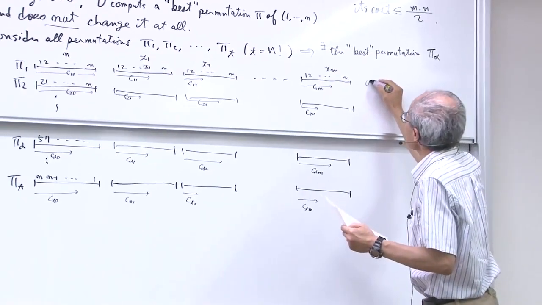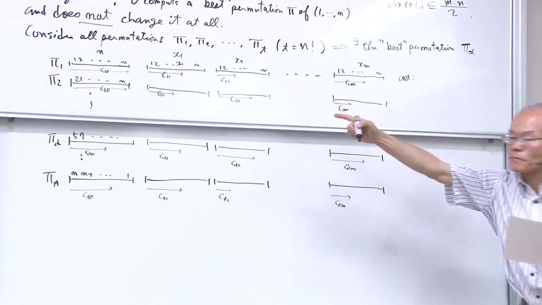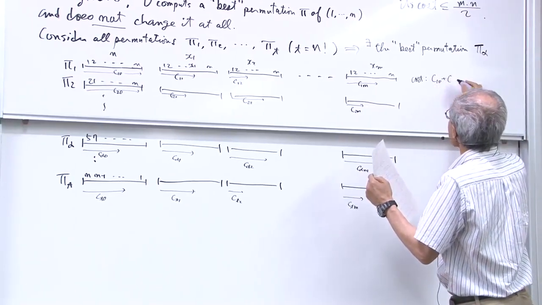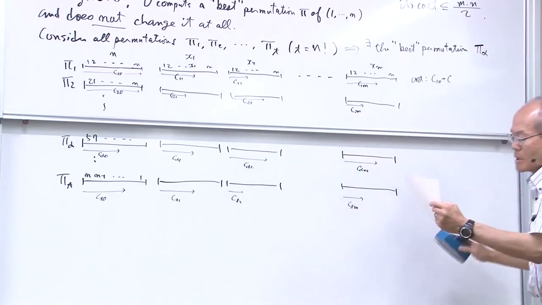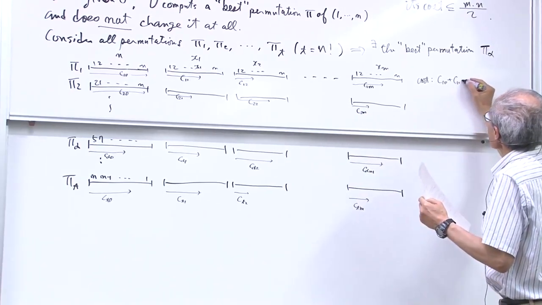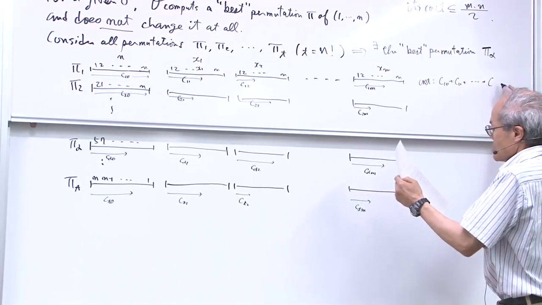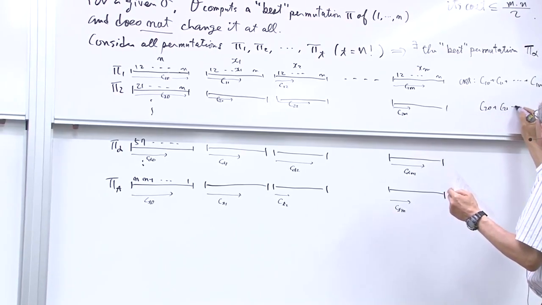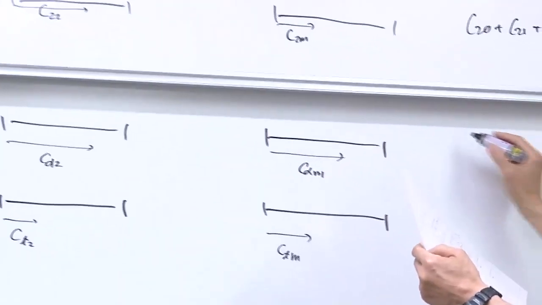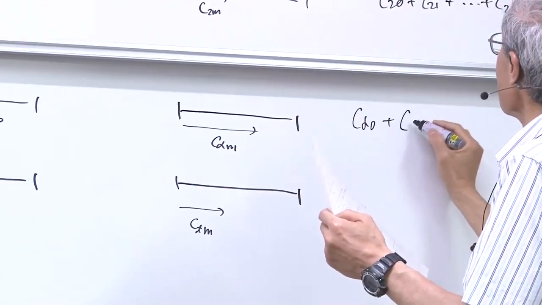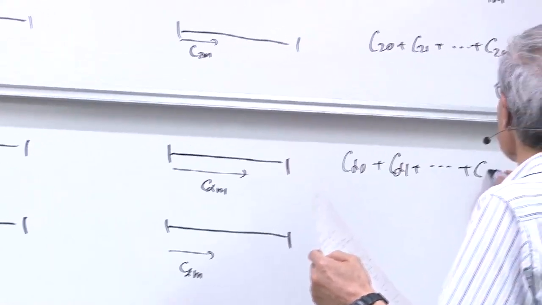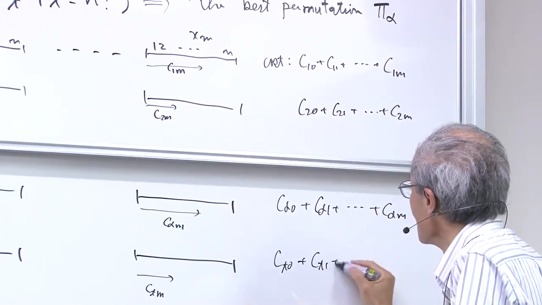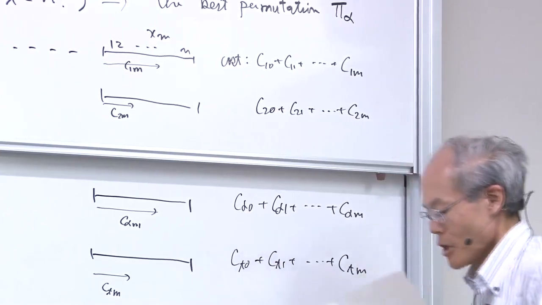The cost of permutation pi 1 is C10 plus C11 plus through C1M, and similarly for the others.